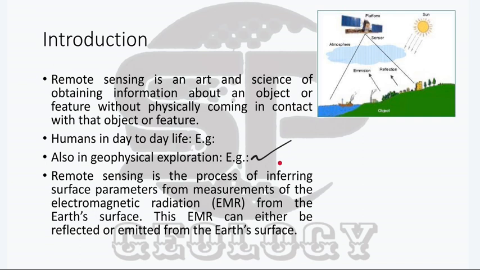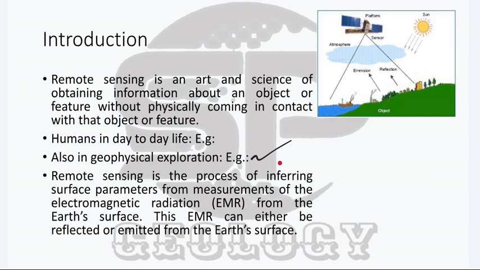Okay, so remote sensing is the process of inferring surface parameters from measurement of the electromagnetic radiation from the surface. So basically, the concept is that we have to gather information without coming into physical contact. This process is called remote sensing.